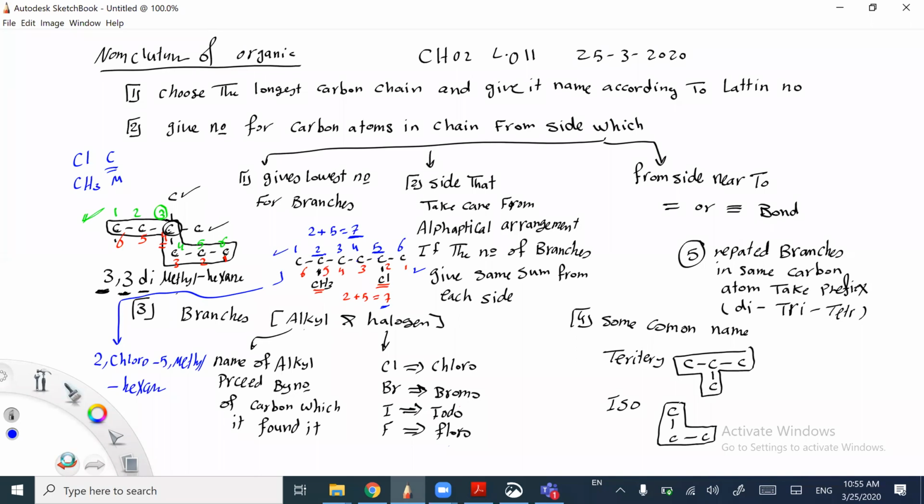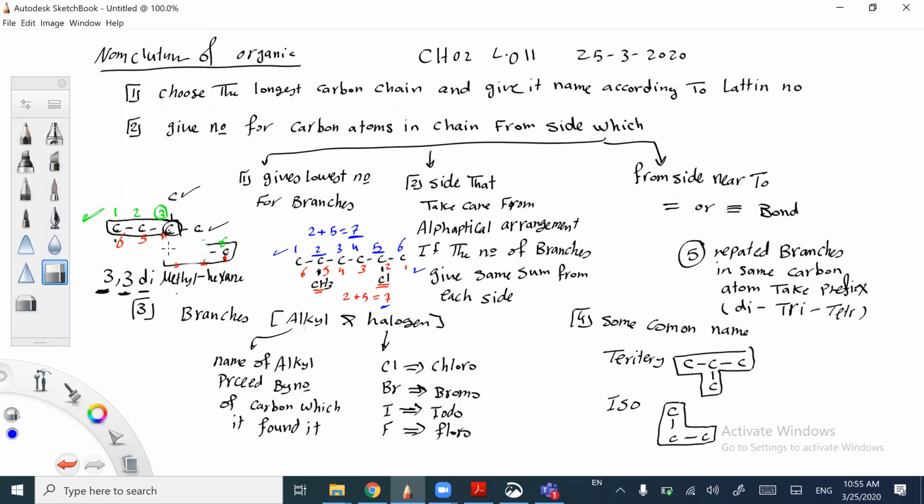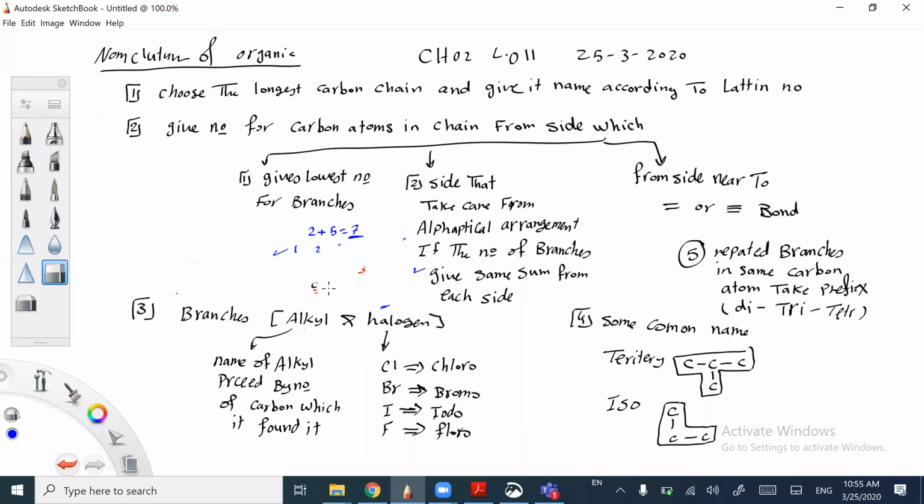Okay. Take care of the double or triple bond and determine its position. If we name a compound like this, C, C double bond C, C, C and C, maybe with branches Cl and CH3, we number firstly according to the double bond, not according to the alphabetical arrangement.